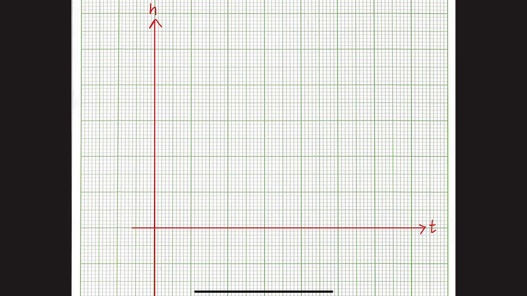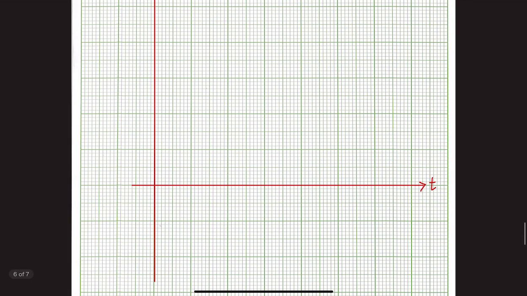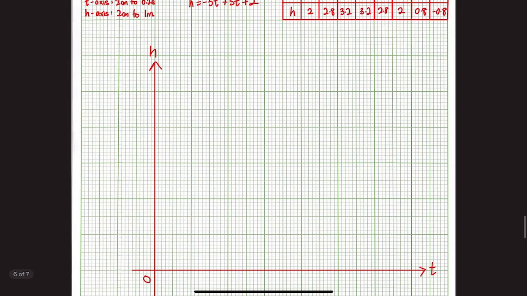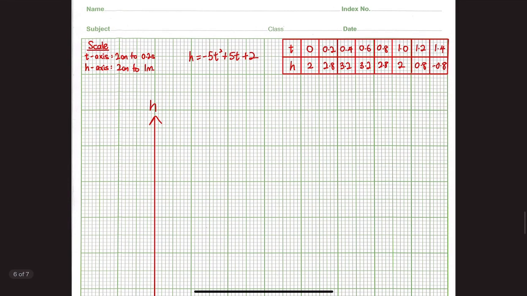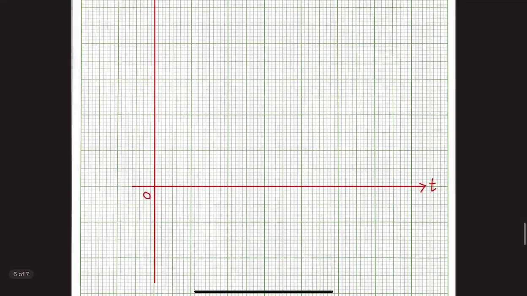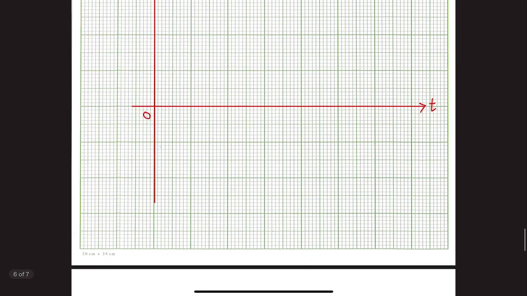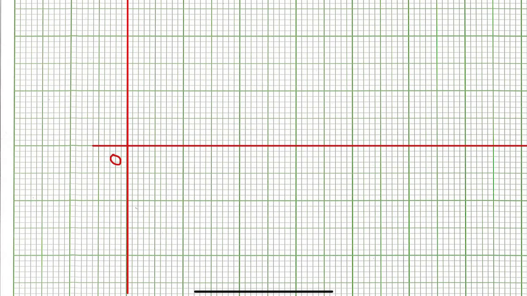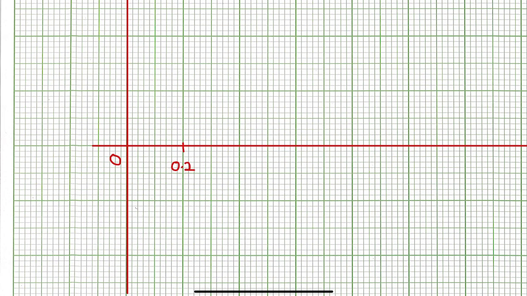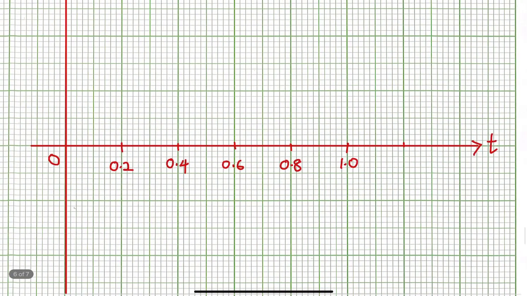Then now let's label the points. We start from 0 first. My t-axis is 2 cm to 0.2 seconds. So if I label over here, every 2 cm is 0.2. So this is 0.2, 0.4, 0.6, 0.8, 1.0, 1.2, 1.4.